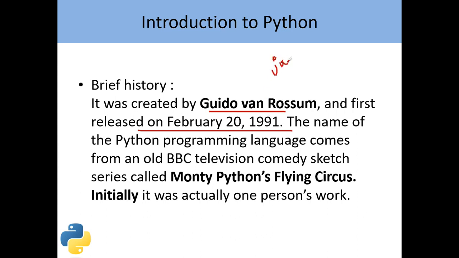The closest rival of Python is Java, or the reverse is true. But Python was released way before Java. Java came around 1995, four years after Python. After that, Java gained more popularity than Python.